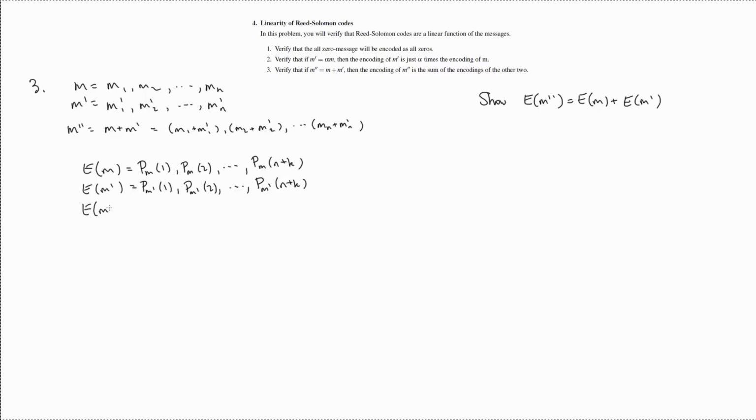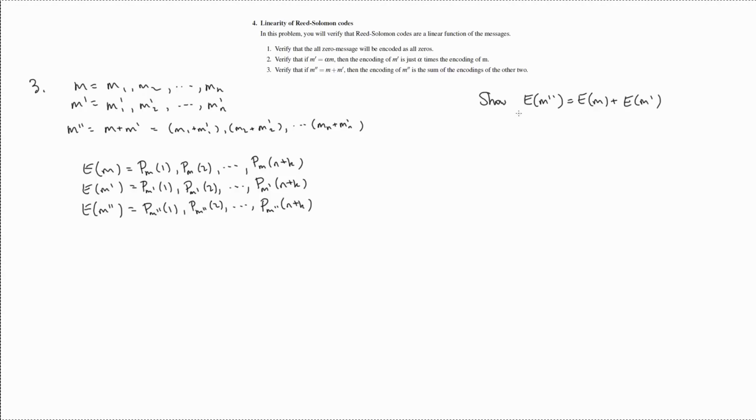And similarly, the encoding of m double prime is p sub m double prime of 1, p sub m double prime of 2, all the way up to p sub m double prime of n plus k.